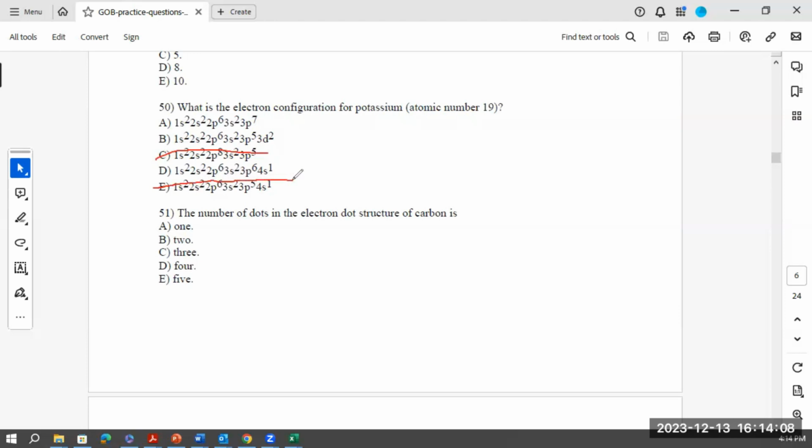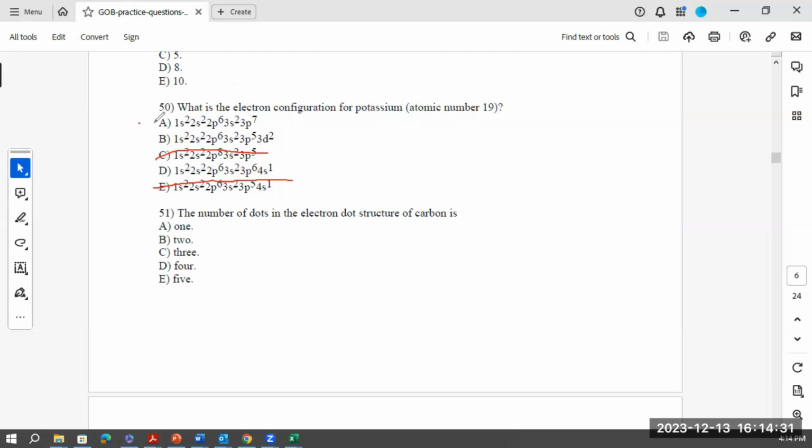Okay, so if we know that, then we know 1s2, 2s2, 2p6, 3s2, 3p6, 4s1. So that one looks correct.